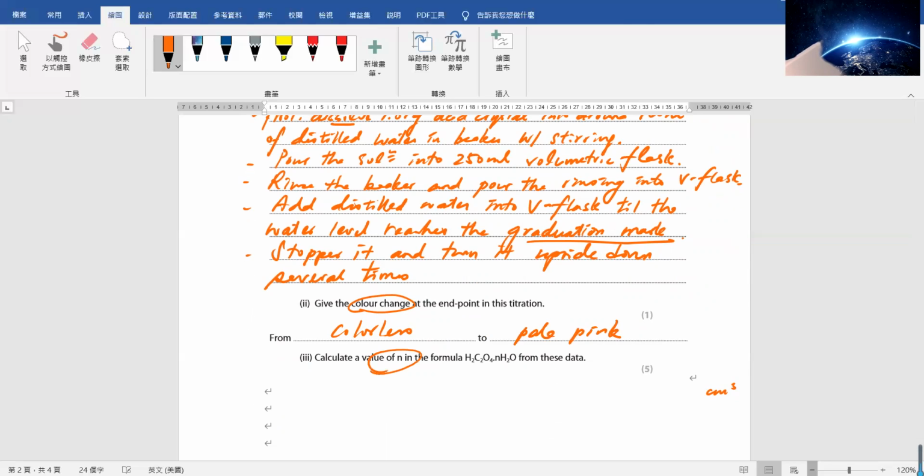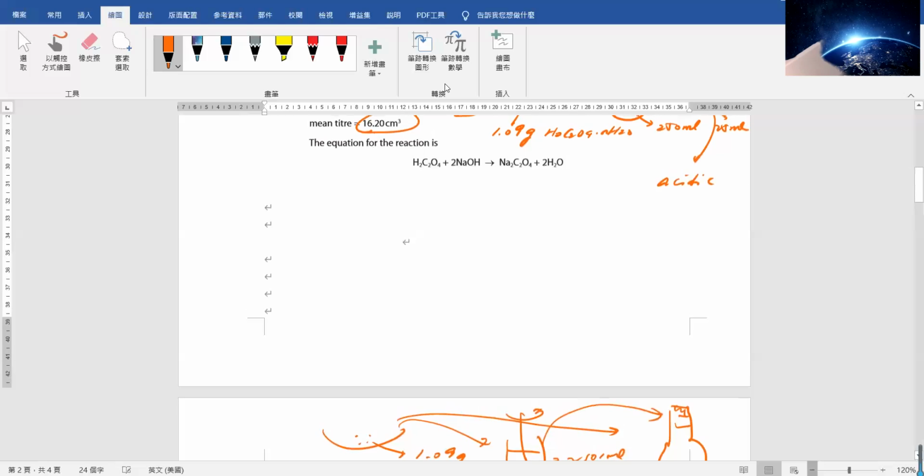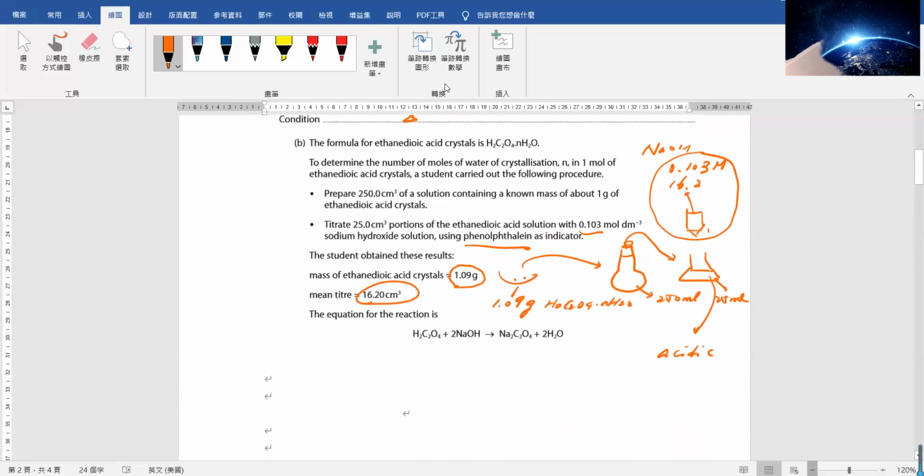The question should ask you the value of n. Then we do it now. For you to follow the question easier, I try to do it here instead of the space provided. You have this equation given already. Then you put down the information: alkali 0.103 molarity, and then the volume used is this one.